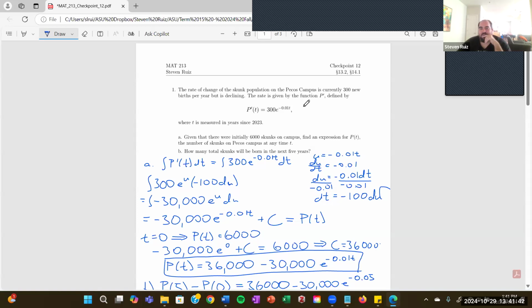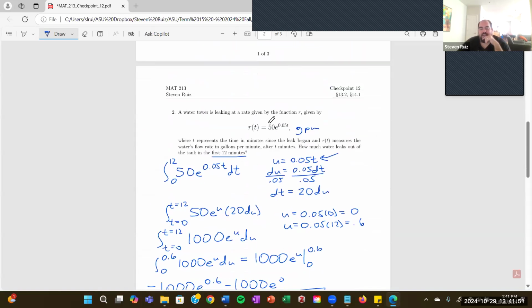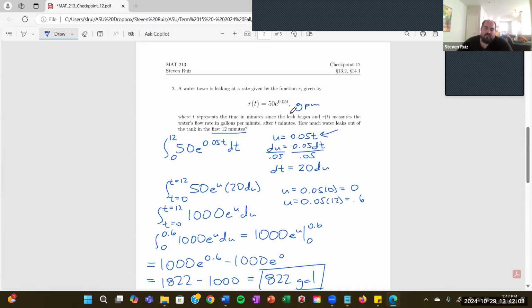And my inside function was like x equals negative 0.01t. Or in here, my outside function was 50e to the x, and my inside function was x equals 0.05t. So that's a composition of functions. I have one function as the input to a second function.